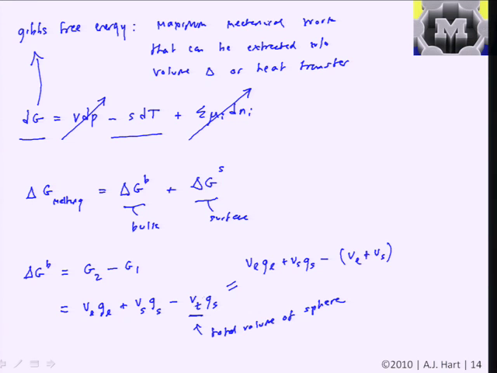So V_L plus V_S equals V_T, times G sub S. And then the V_S G_S will cancel. As you can see, this will cancel with that. So now we just have that. I'll come back down here. Delta G bulk is equal to the volume of liquid in the second state times delta G, or G_L minus G_S.